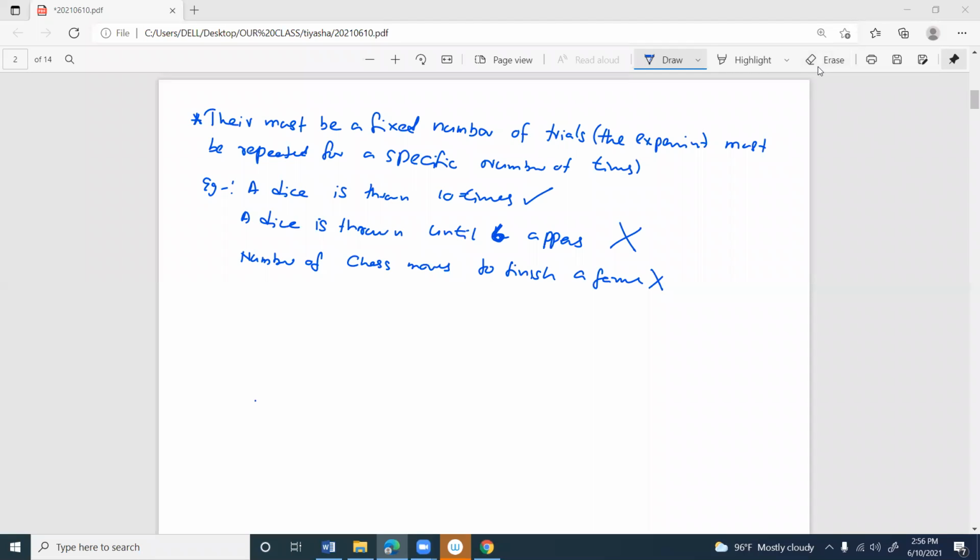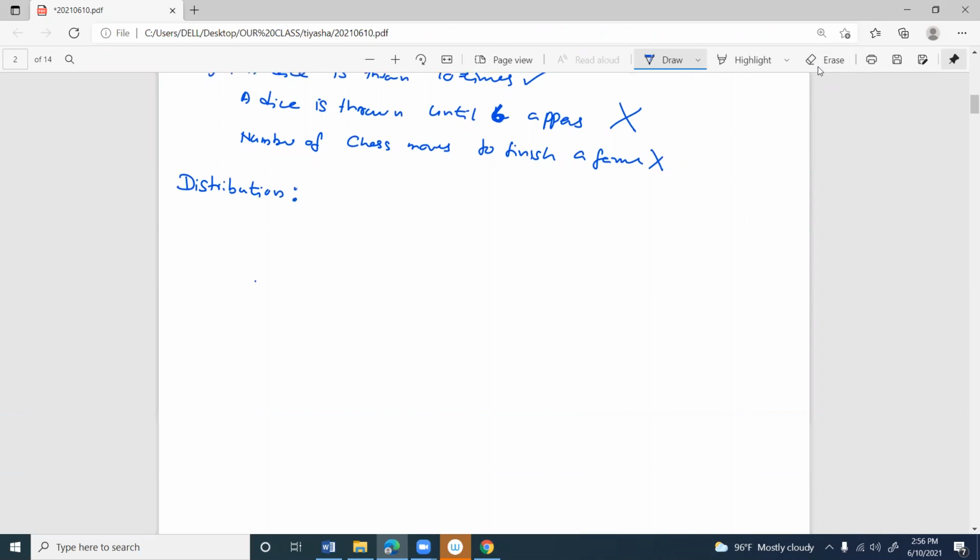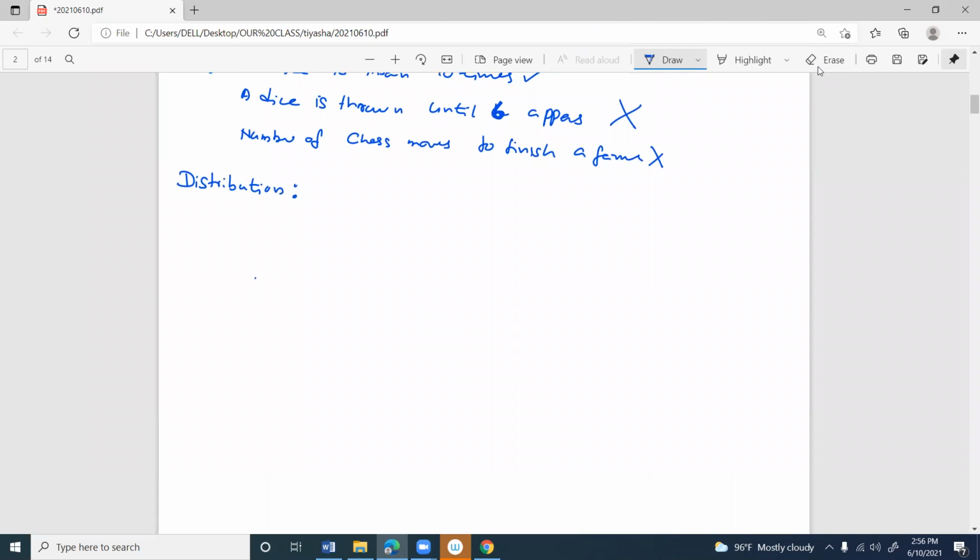Right. So in this case, you can write the binomial distribution. The distribution comes like this. Initially we can work like this.